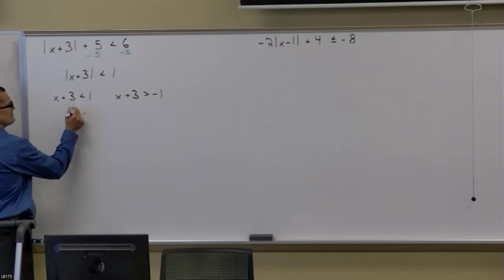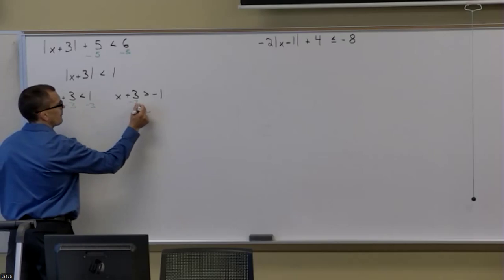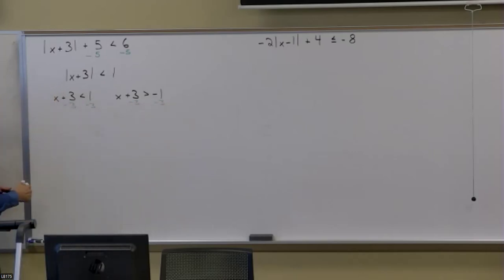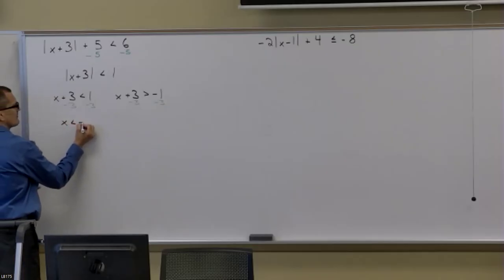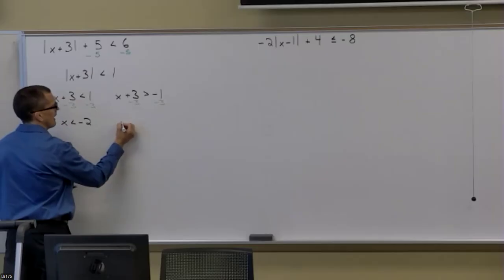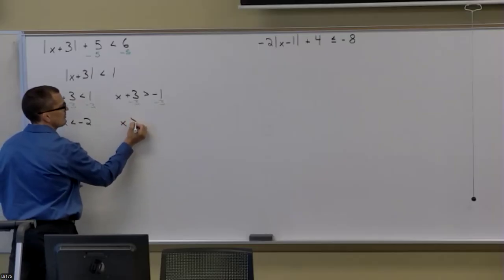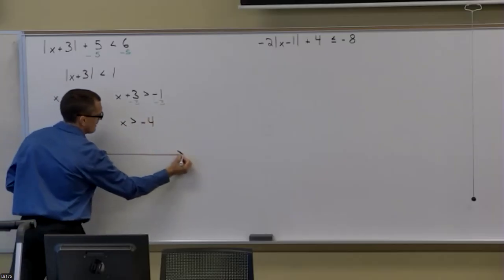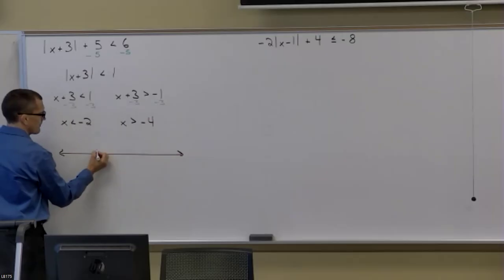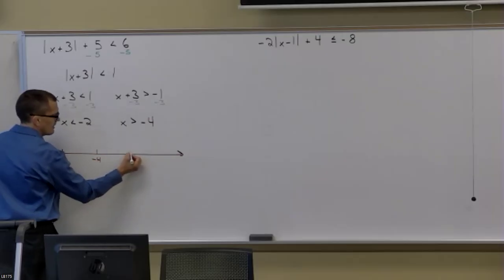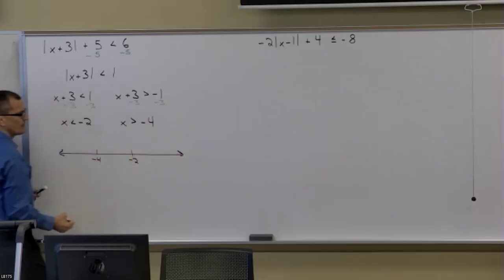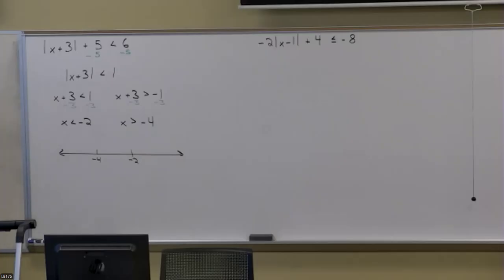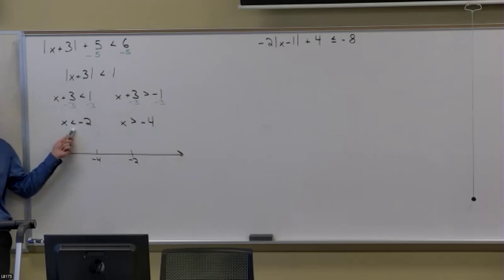Solving each of these gives me x is less than negative 2 and x greater than negative 4. What I do is I draw this on the number line. Negative 4 is to the left of negative 2. And then I look for whether my inequality includes the equal sign.